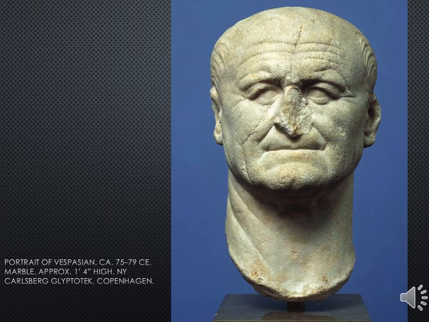Coming off of Nero and the corruption of the state under the rule of Nero, Vespasian feels that it's very important that he project this image of himself as being somebody who's kind, who cares for the people, who wants to better the lives of the people. Whether or not that's true, he wants to project that image.